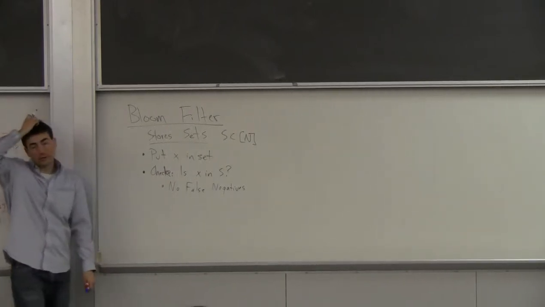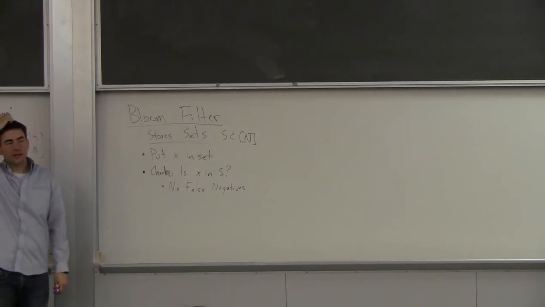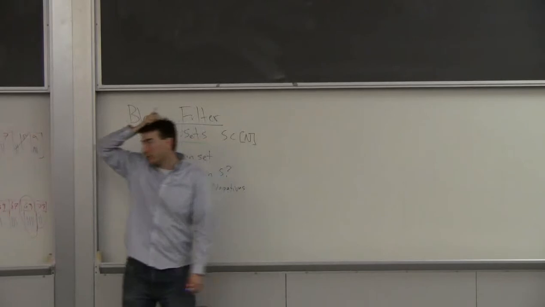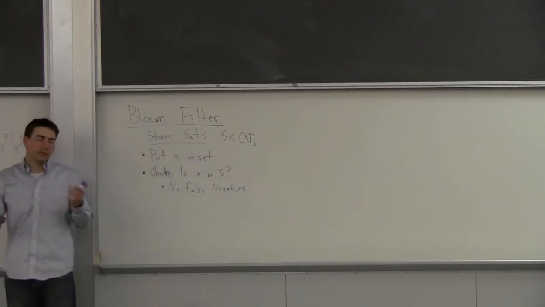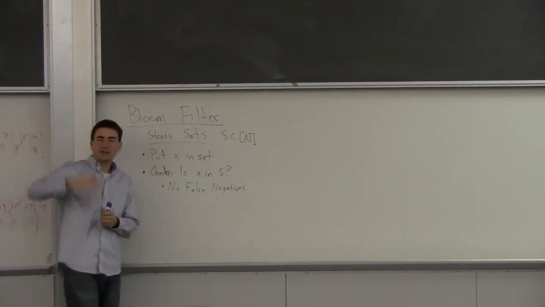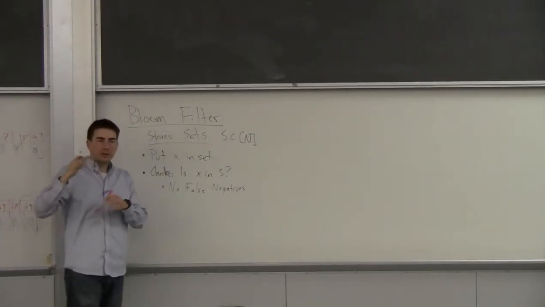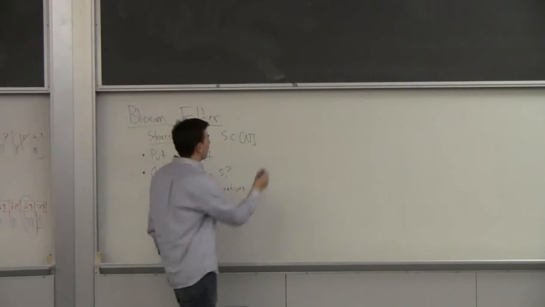So you may say something is in the set even though it's not. That's similar to the Misra-Gries algorithm, where we said something might be above a certain frequency, but there was a chance it was below that frequency and we were wrong.